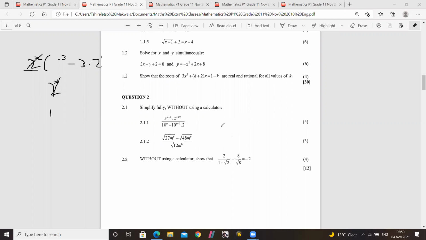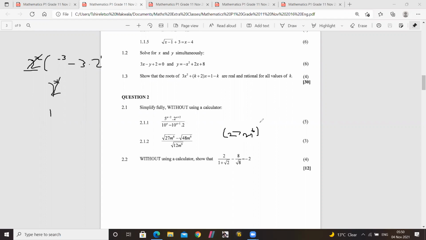So what do you do here? Do you know what a square root looks like when you write it as an exponent? I think it's better to change it into an exponent here by saying 27 m to the power of 6.